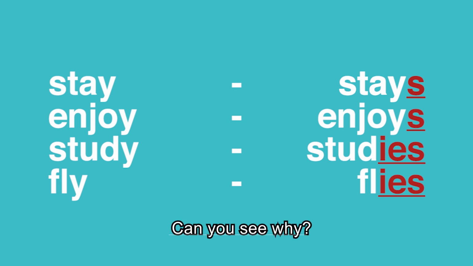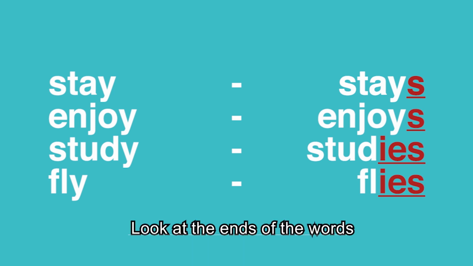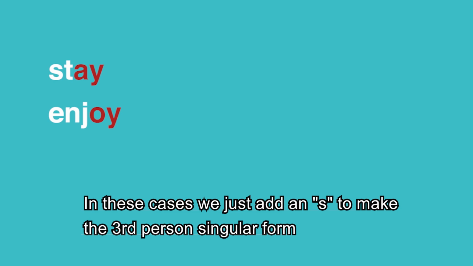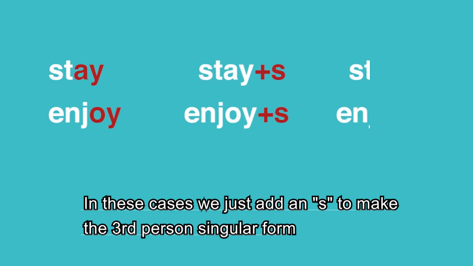Can you see why? Look at the ends of the words. Stay and enjoy finish with a vowel and Y. So stay is AY, enjoy is OY. In these cases, we just add an S to make the third person singular form.